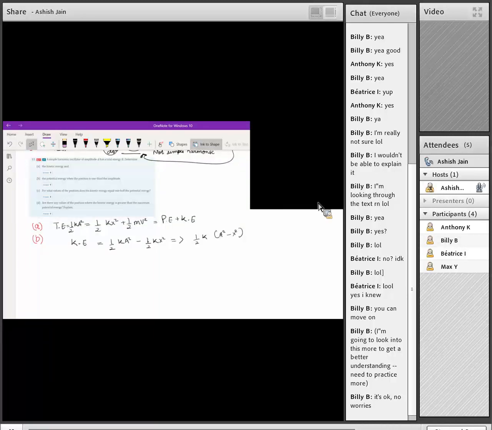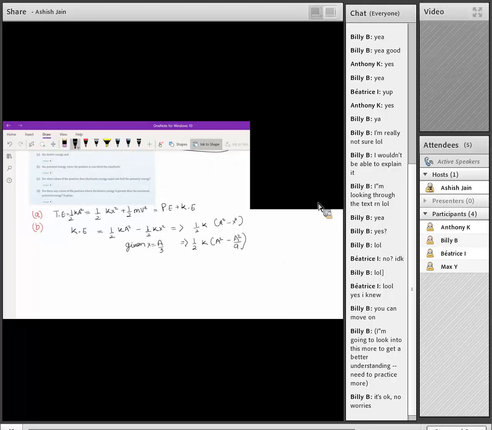Now put in 1/3. Given x is a by 3, KE is half k a square minus a square by 9.